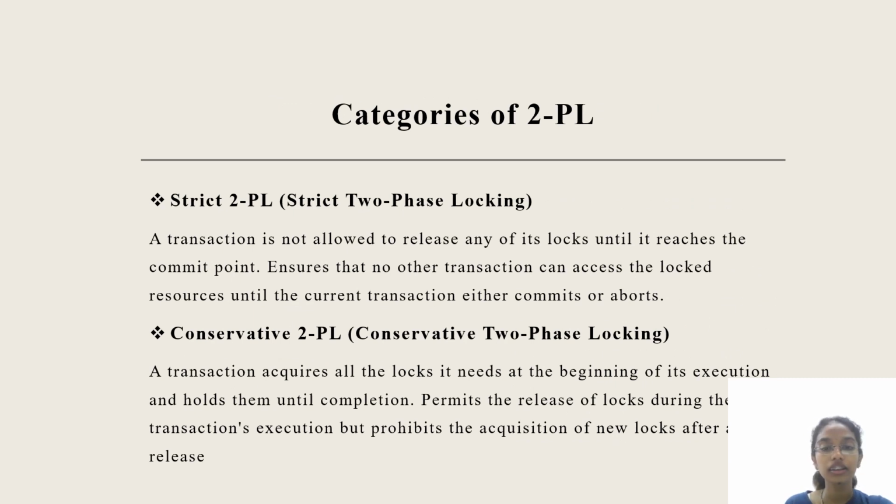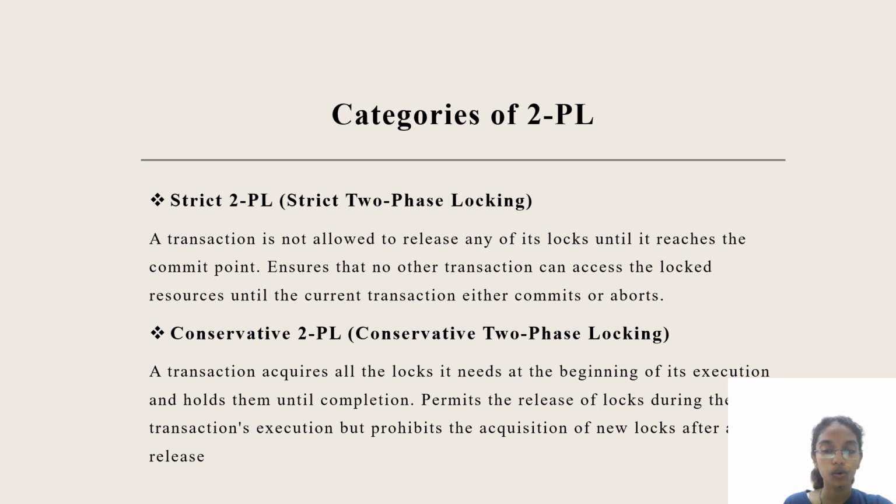Let's look at the categories of 2PL. Strict 2PL: a transaction is not allowed to release any of its locks until it reaches the commit point. This ensures that no other transaction can access the locked resources until the current transaction either commits or aborts. Conservative 2PL: a transaction acquires all the locks it needs at the beginning of its execution and holds them until completion.